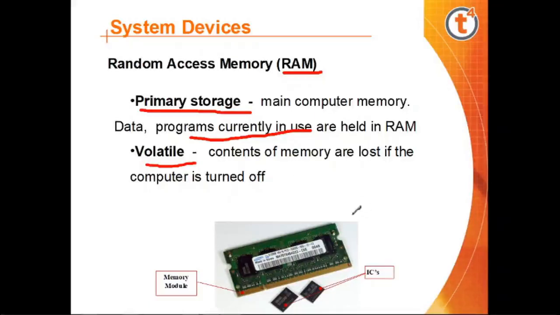If you are typing something in WordPad or any other app, you need to save it first. Otherwise, if the computer turns off, or in some cases the light goes off or you switch off the computer, all your contents or data will be lost. So this is the problem with temporary memory.